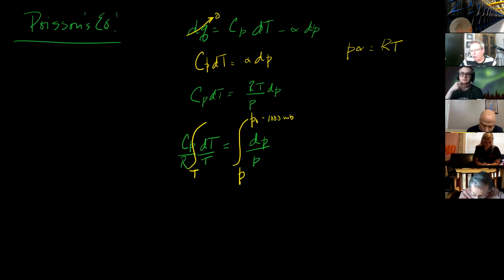This corresponds to that: it's temperature T at pressure P. Well, what will the temperature be at 1,000 millibars? If I bring the parcel adiabatically to 1,000 millibars, what's the temperature? That becomes the potential temperature, theta.